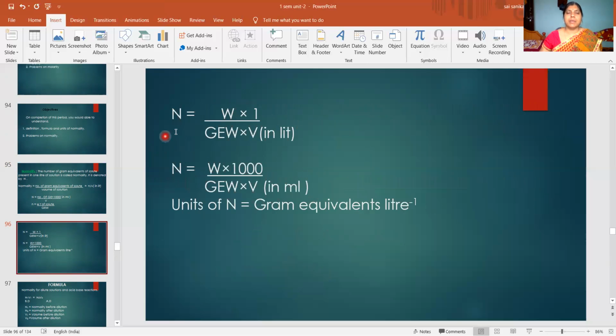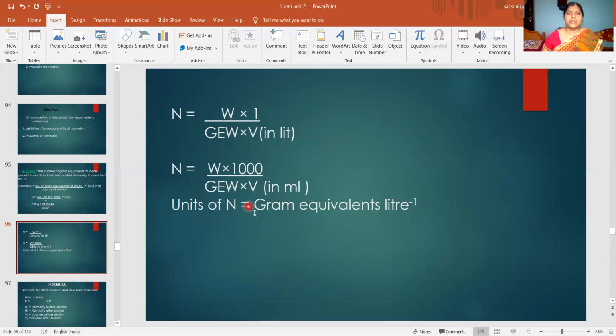So normality is W by GEW into 1 by V in liters. When volume is in ml, N is equal to W by GEW into 1000 by volume.